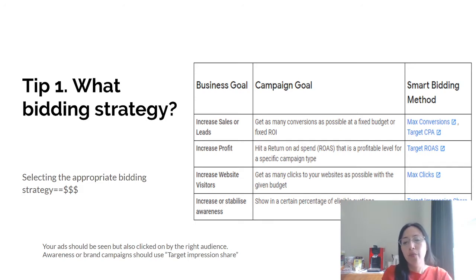So for an awareness ad campaign, we want to be eligible to show in a certain percentage of auctions. Google Ads is about other businesses like yours bidding to be there. So that is the mentality, that is the approach: I'm bidding to be there.